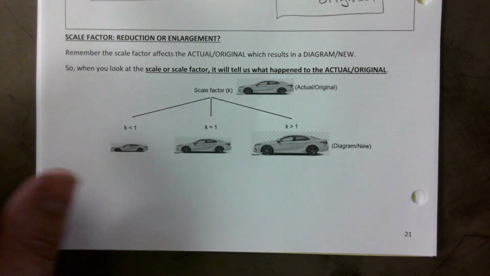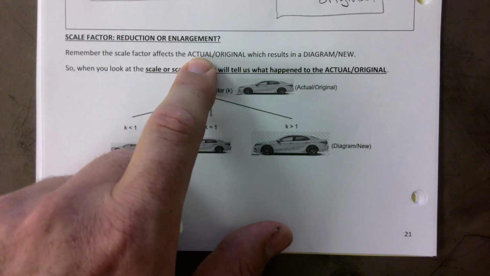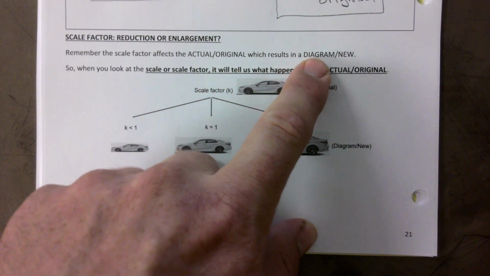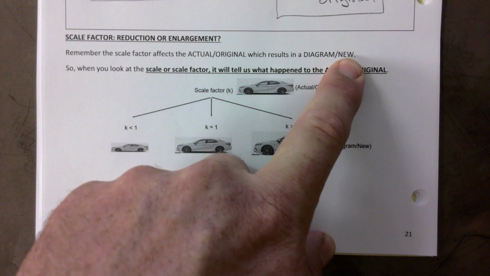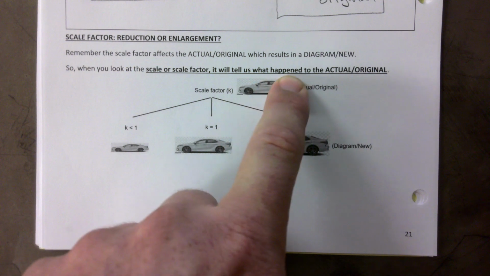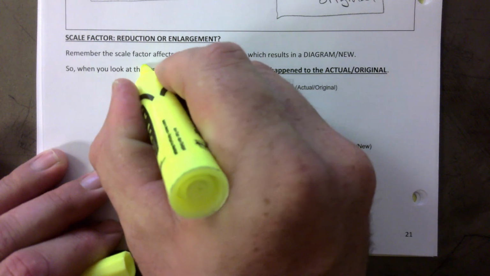Okay. So remember that the scale factor affects the actual / original, which results in the diagram or the new. Okay. So when you look at the scale or scale factor, it will tell you what happened to the actual or original. This is worth highlighting.